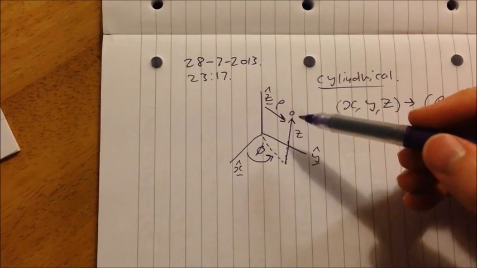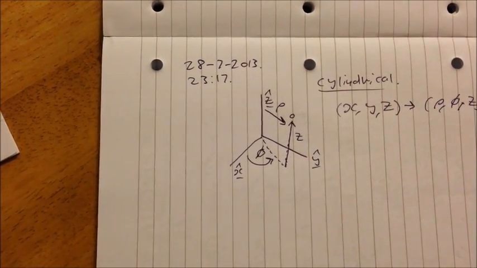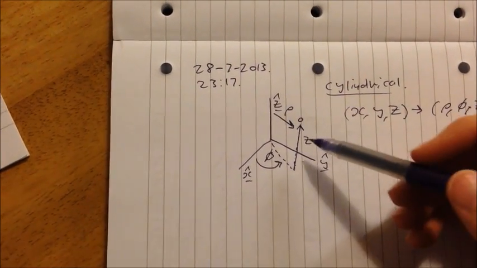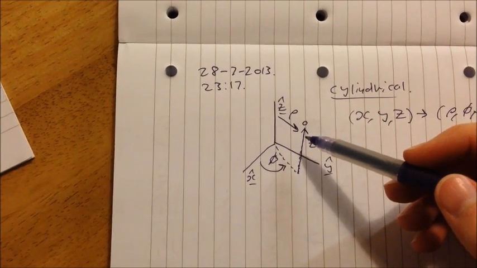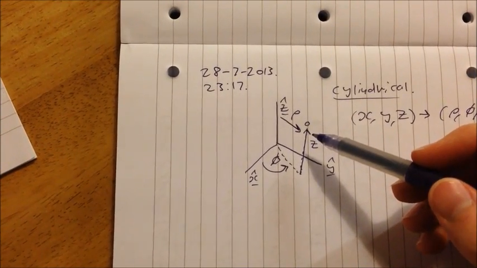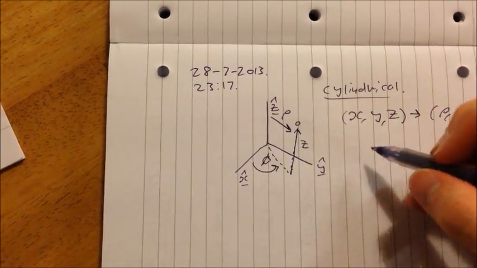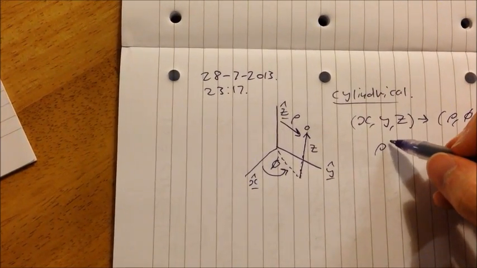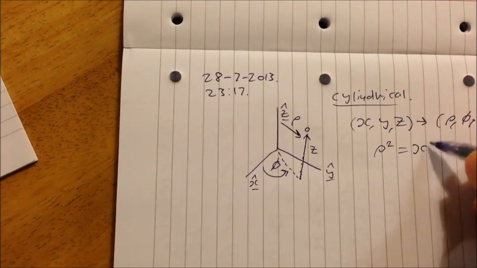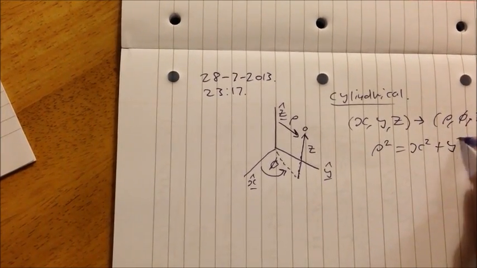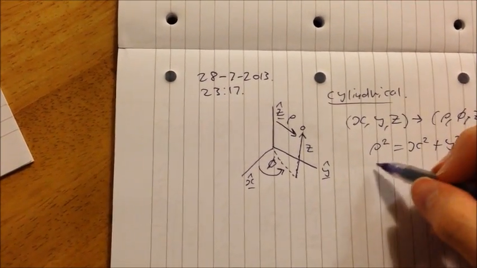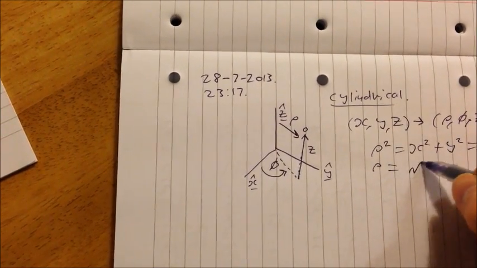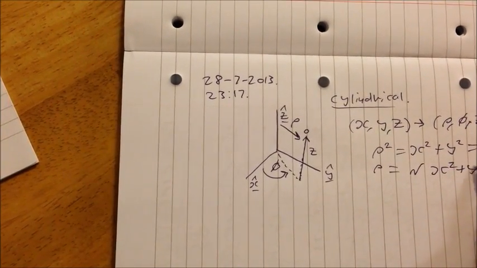From the diagram, you can see that for rho, you can use Pythagoras to get rho squared is x squared plus y squared, and this implies that rho is equal to the root of x squared plus y squared.